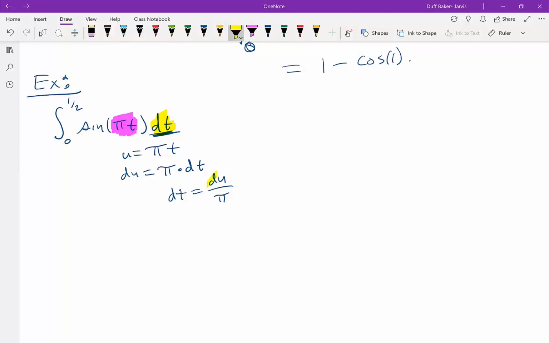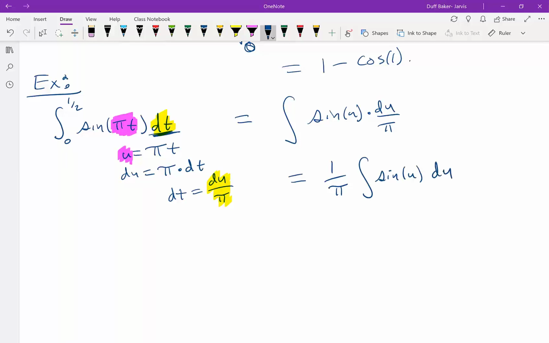So dt will get replaced with this, whereas pi t will get replaced with u. In the end, you'll end up with a sine of u times du over pi.